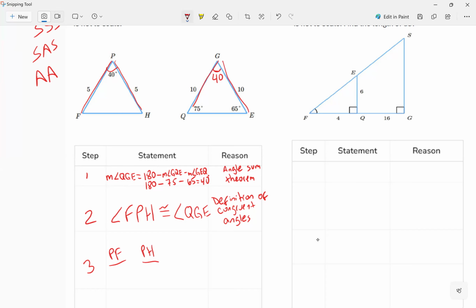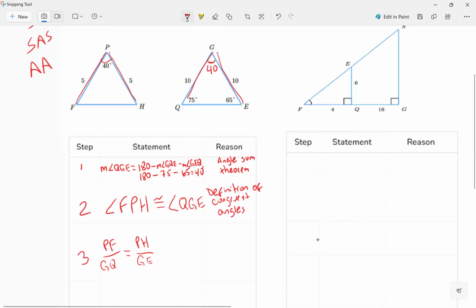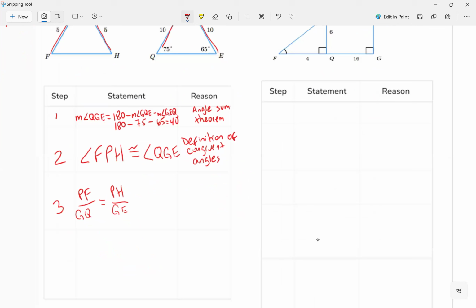So I'm going to use those two sides as well. GQ, GE. Those two fractions are equal, right? 5 over 10 is equal to 5 over 10. So this is what we called ratio of similarity.